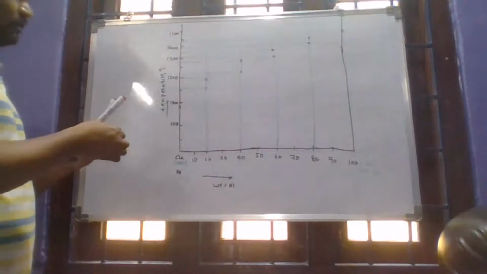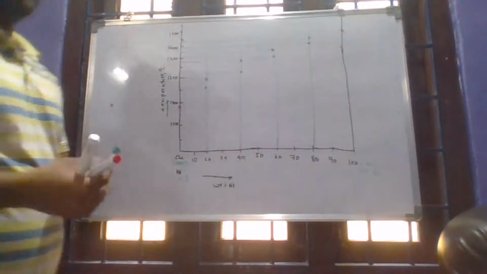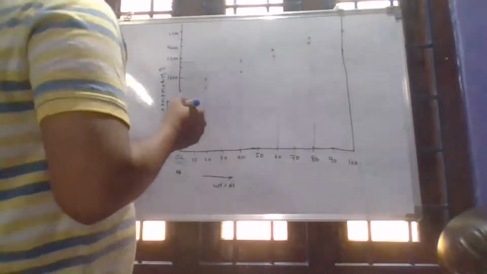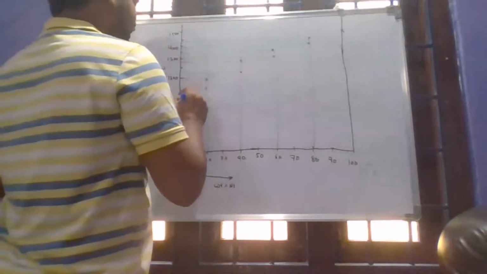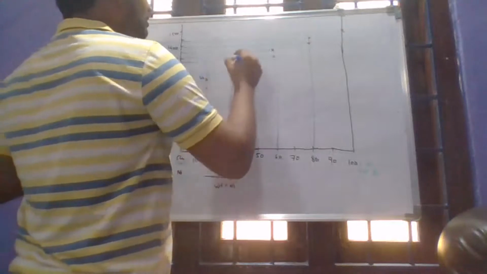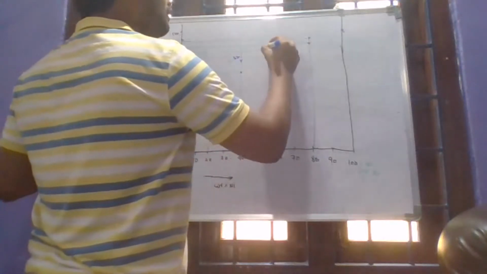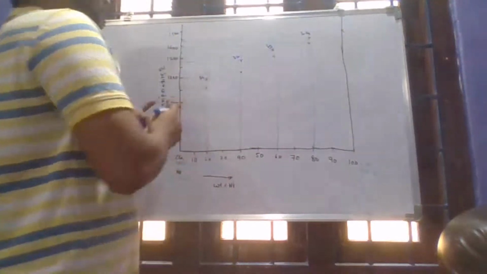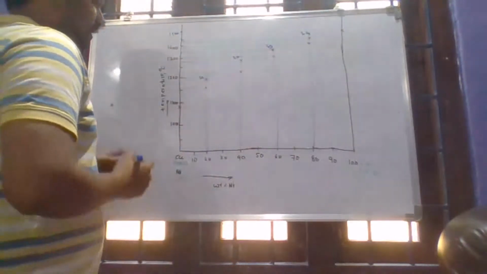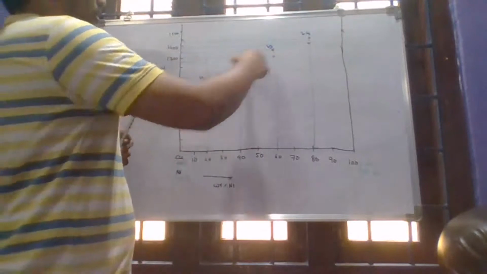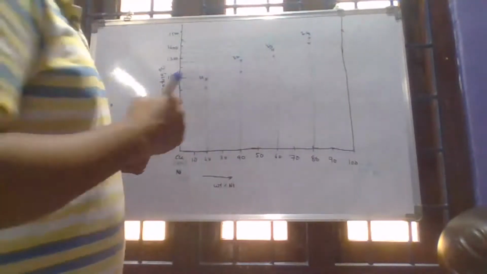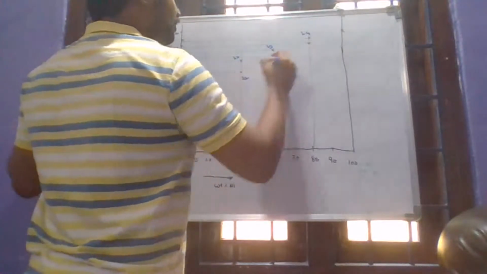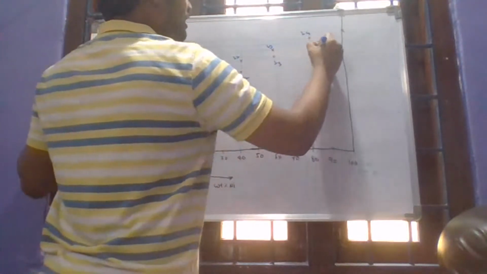Now we can draw the curves. All the liquidus temperatures, excluding the melting points, I'm denoting as L1, L2, L3, L4, and the solidus temperatures as S1, S2, S3 and S4.